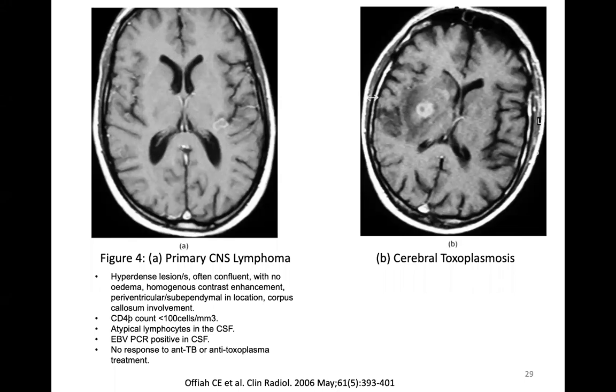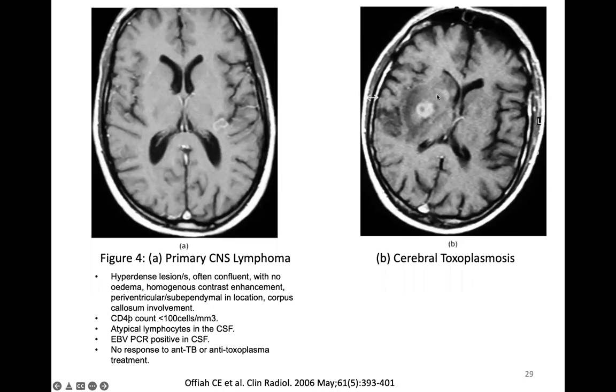Yes. I see you have put cerebral toxo next to it. I think you were just trying to compare. If you look at the two images, the first one, you don't see much of a mass effect or edema, as you have mentioned that you don't get much edema when it's CNS lymphoma. But looking at the second slide of your cerebral toxo, there is a lot of edema, that hypodensity surrounding the lesion.